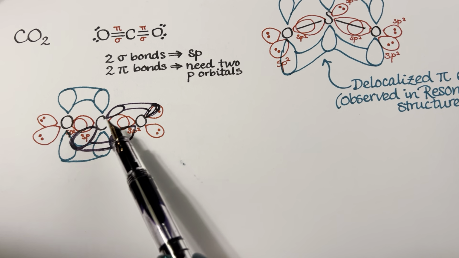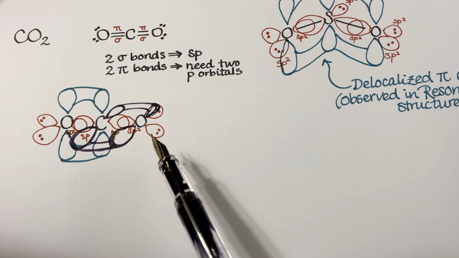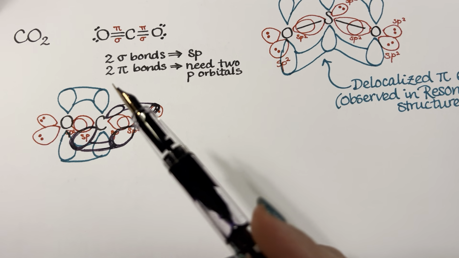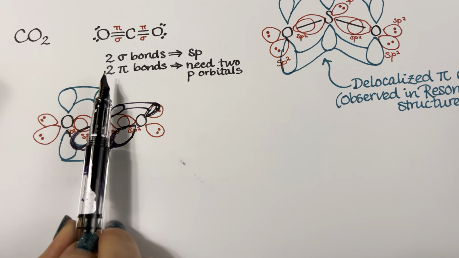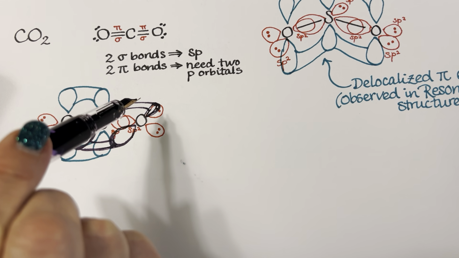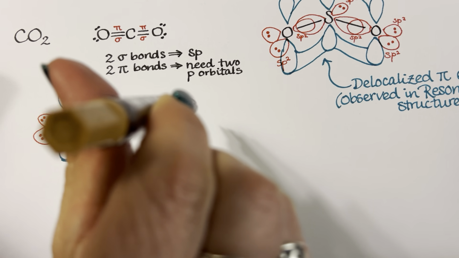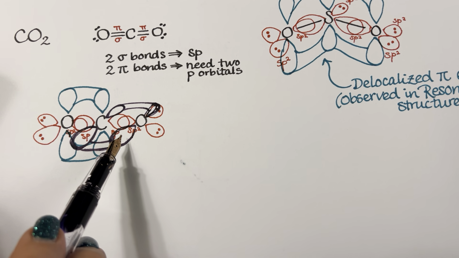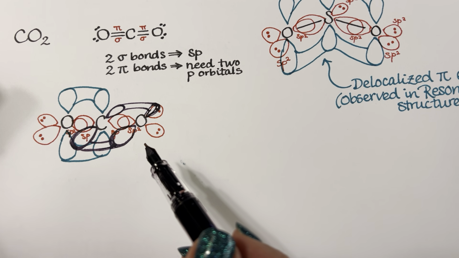There's a lot going on around this carbon atom. We've got electron density forming a pi bond that is in the plane of the paper, and then we have another that is perpendicular to the paper where there's electrons being shared in those pi bonds.